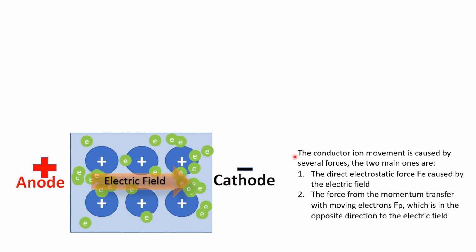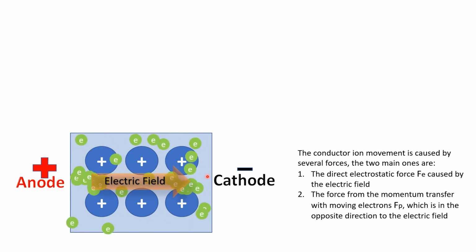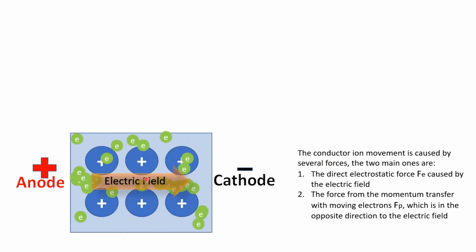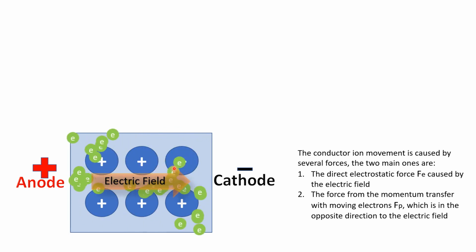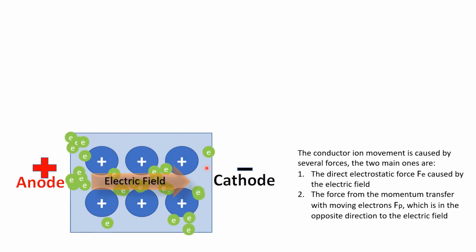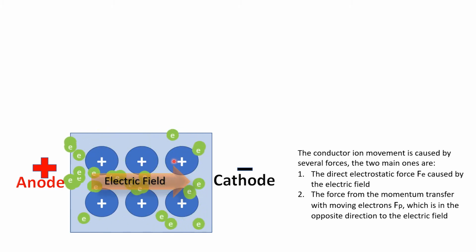If you observe, there are two forces acting here. One force is due to the electric field, which is pushing these ions slightly towards the cathode, and also there are some electrons which have enough velocity.